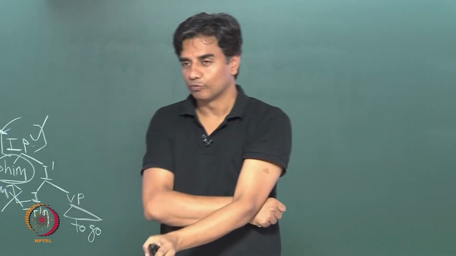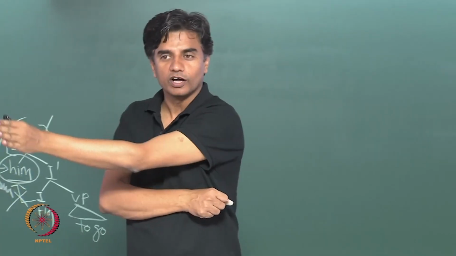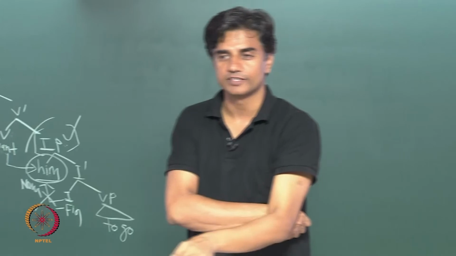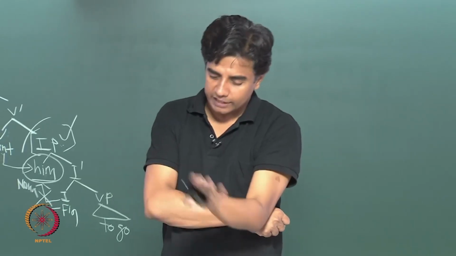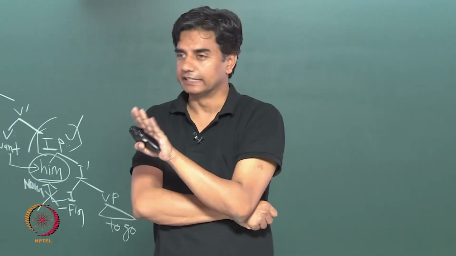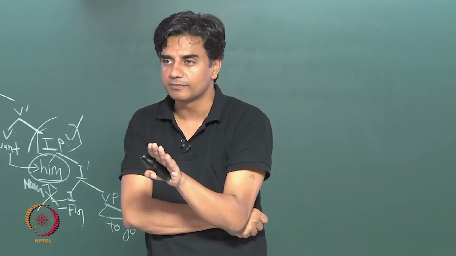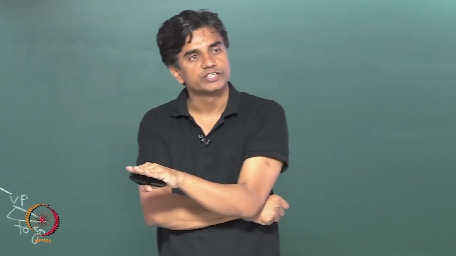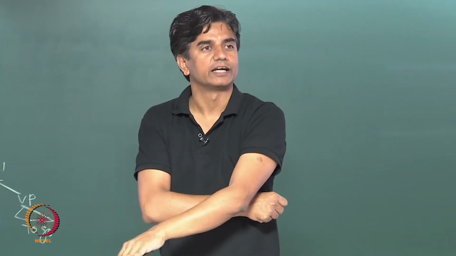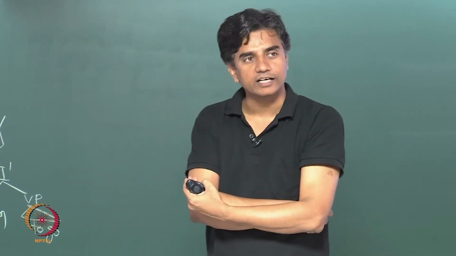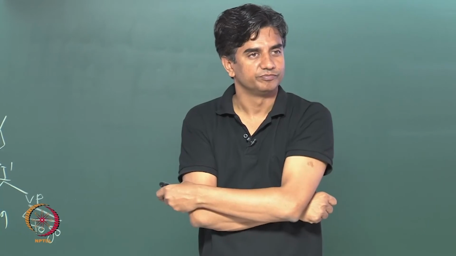We will not go too far into the minimalist program, because our domain is to look into principles and parameters, and we are looking at principles, we are looking at parameters, we are also looking at their limitations, we are looking at the problems that they run into, and we are looking at the solutions that the existing paradigm, existing framework provides. Even though weaker, that's a solution.